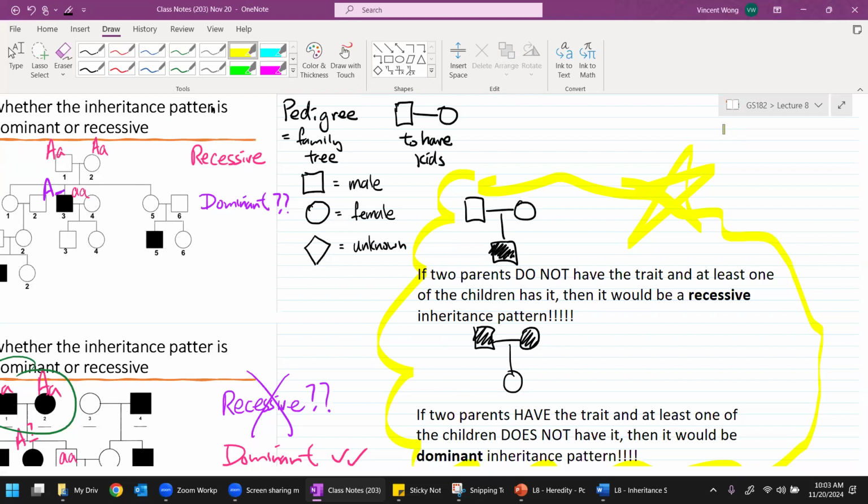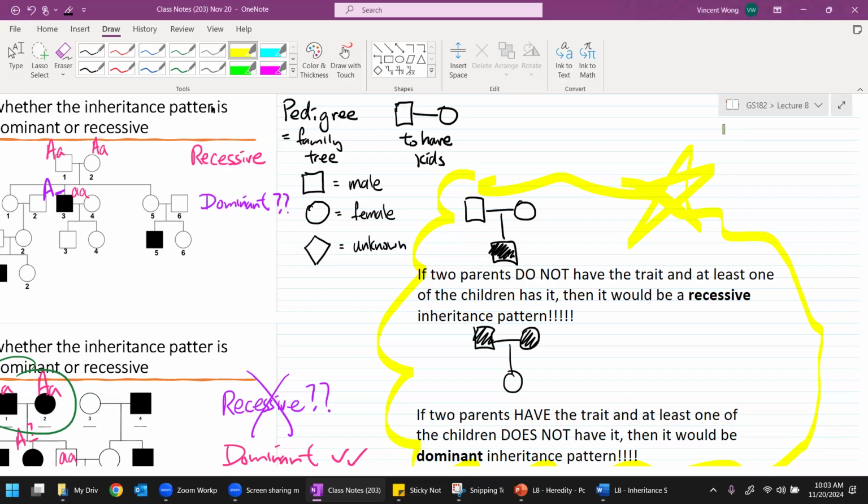You just try to figure out if this is dominant or recessive. So the parents don't have it, but one of their children has the trait. Is it dominant or recessive? That's right. Okay, and you have to understand why, okay? And then figure out. That's right, exactly. I mean, this one we don't know.